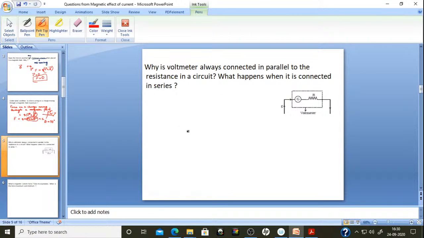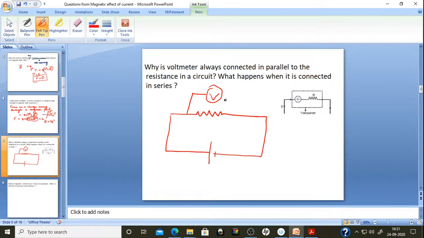Suppose I have a circuit here with a resistance, and this is the symbol for a voltmeter. So the question says, why do we connect this voltmeter in parallel with the resistance? You must have seen this. Whenever you make an electrical connection, the voltmeter is always connected in parallel with the resistance.